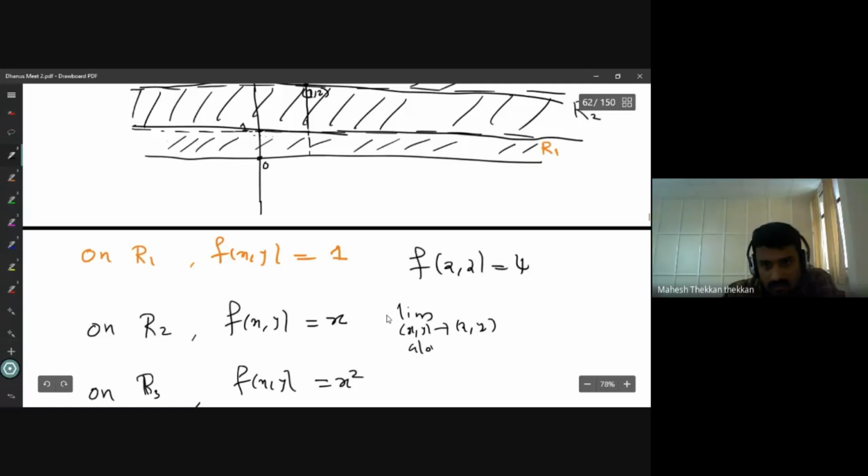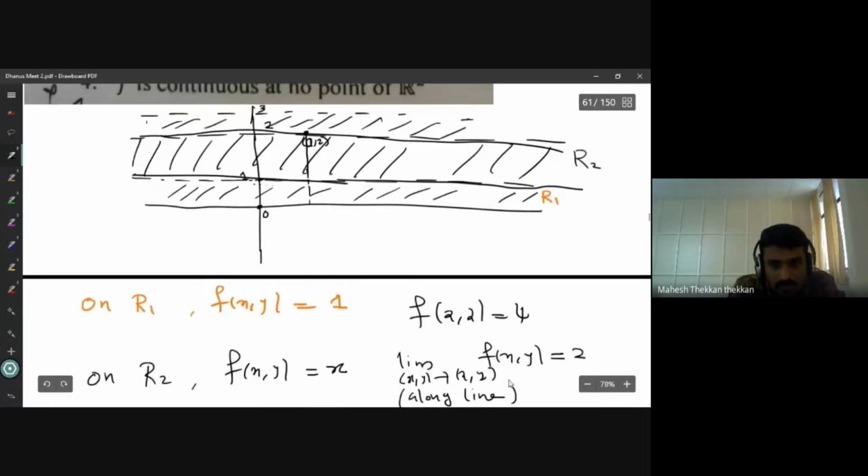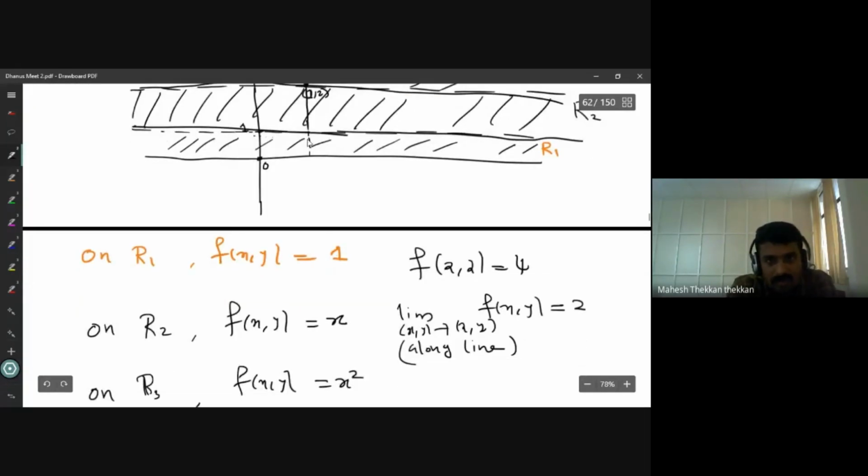I am looking along that line, f of x, y. What happened to this one? This will be 2, right? If I am looking along this line from here, I will get a value as 2, right? Because I am coming from this side.